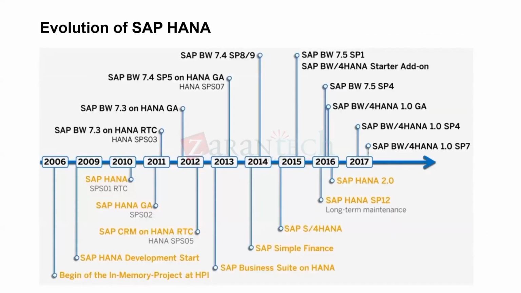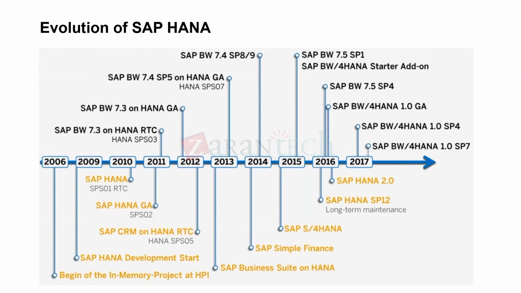Now this is something about the evolution of HANA, how the HANA database came into the picture. Again, as I said, I don't want to get into each year, but in general, understand that the concept of HANA they thought of very early on, around 15 years ago from now, but it picked up, I believe, mostly after 2011, and the actual HANA implementation is happening, I think, only in the last 2-3 years. Prior to that, it was just a buzz, and people were very skeptical about whether to go for it or not. But real usage is happening from the last 2-3 years onwards.